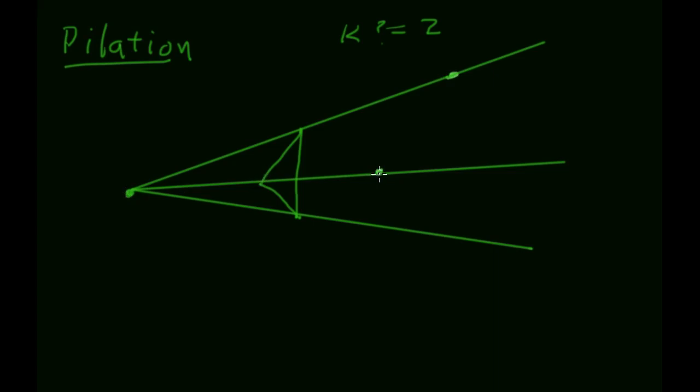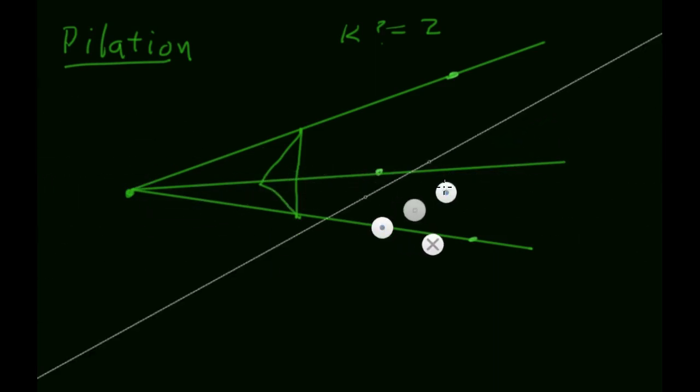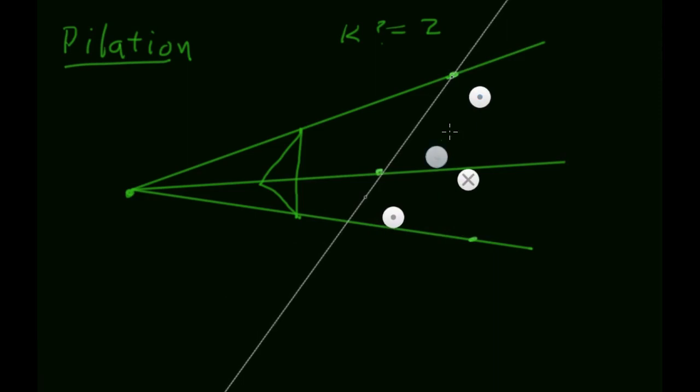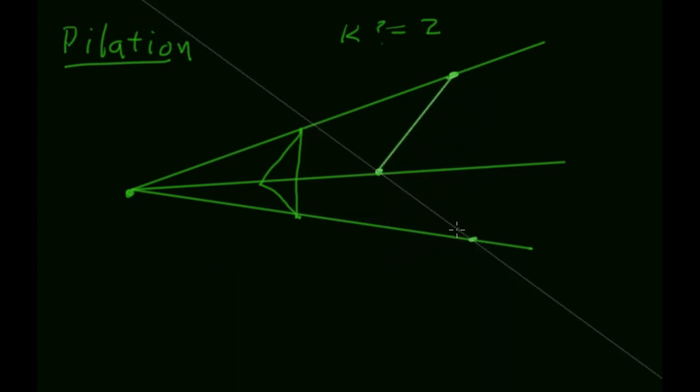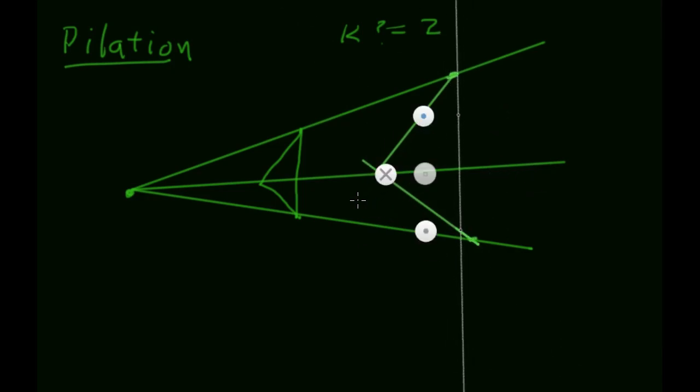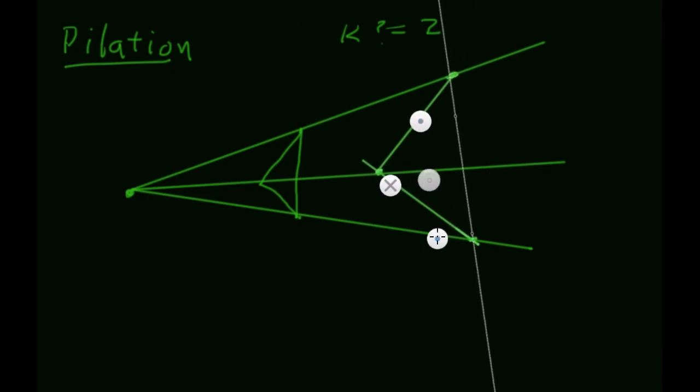We just do a little estimating there, and push those lines back in. So there's 1, 2, 3.